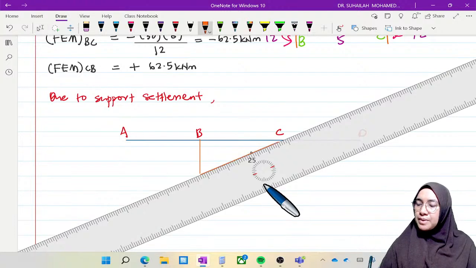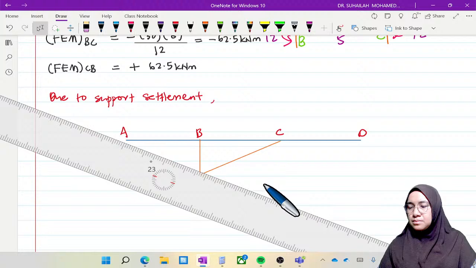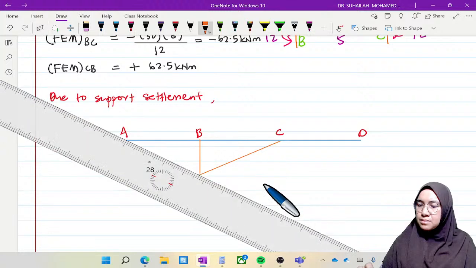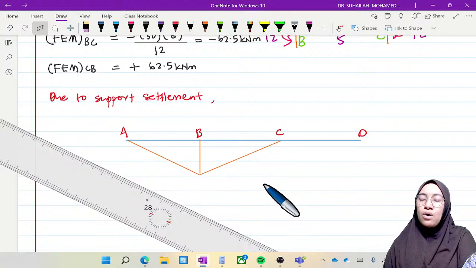So we have two triangulars like this. We have a triangular for AB and we have a triangular for BC.